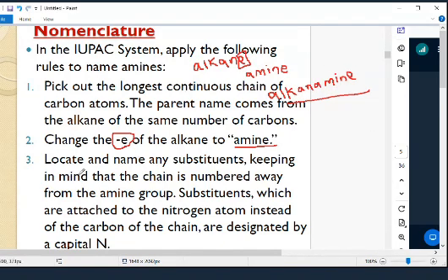Then from there, we locate and name any subsequent groups, keeping in mind that the chain is numbered away from the amine group. So here, the amine group becomes our functional group.